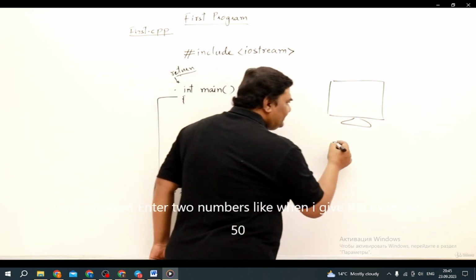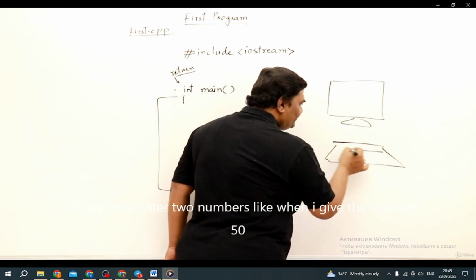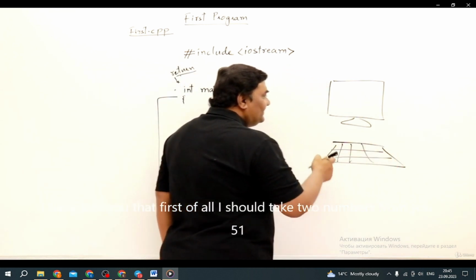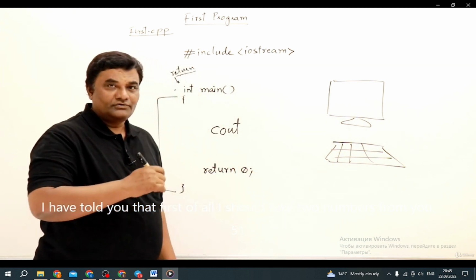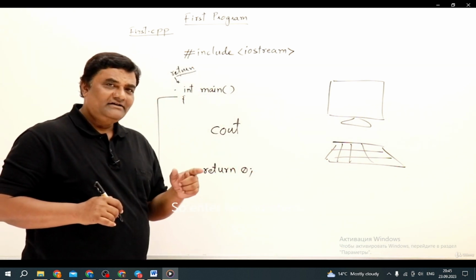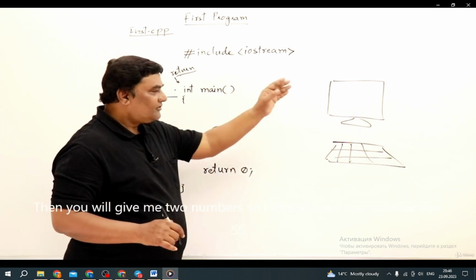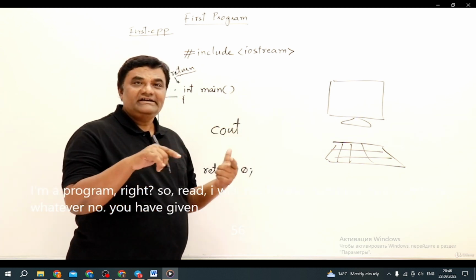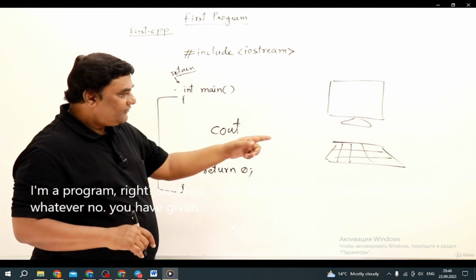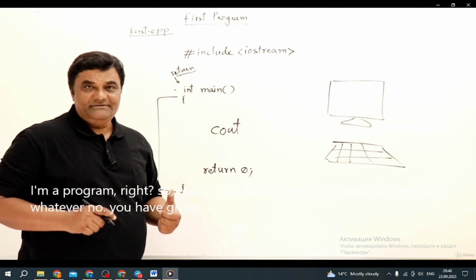Then there is the keyboard, which is useful for taking input, right? So this is the input console. So for that there is cin, yes, cout for monitor, console out, and cin, that is console in, for keyboard, that is for taking any input from the keyboard.